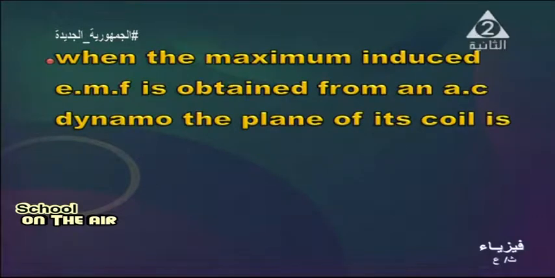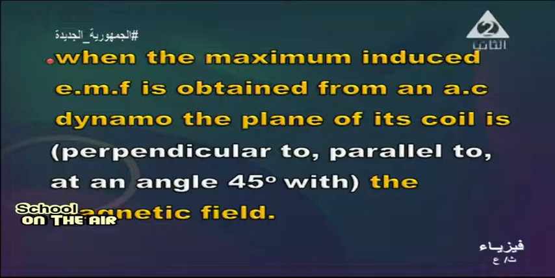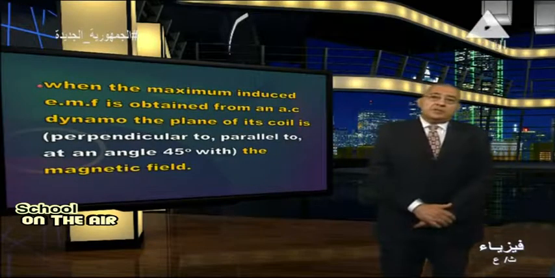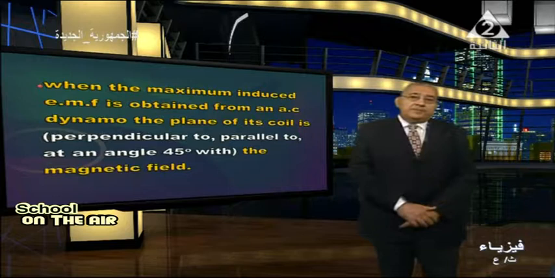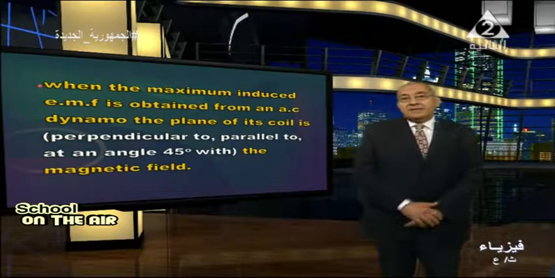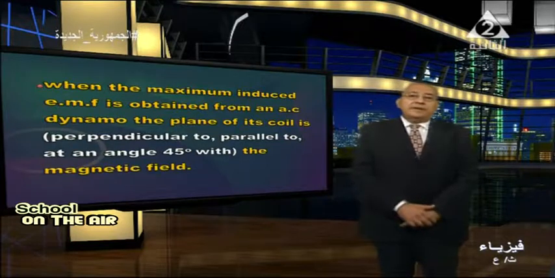When the maximum induced EMF is obtained from an AC dynamo, the plane of the coil is perpendicular to, parallel to, or at an angle of 45 degrees with the magnetic field. Here we've got something very important. You should bear it in mind. In the vertical position, the magnetic field is perpendicular to the plane and EMF is equal to 0.